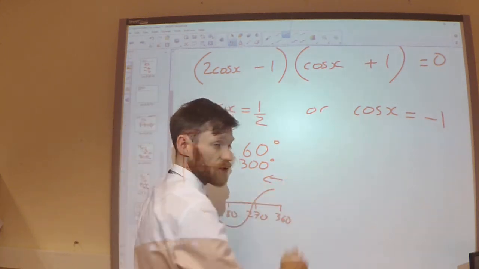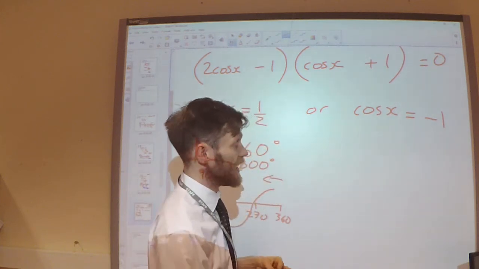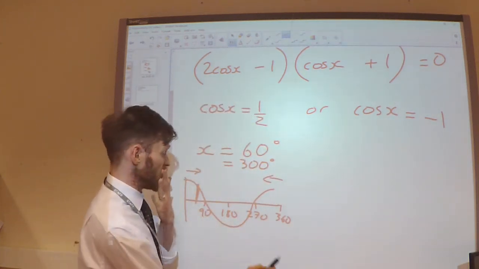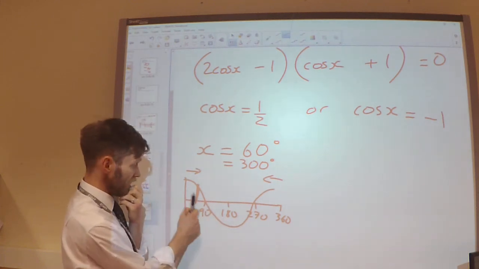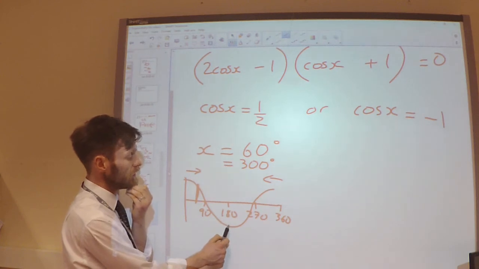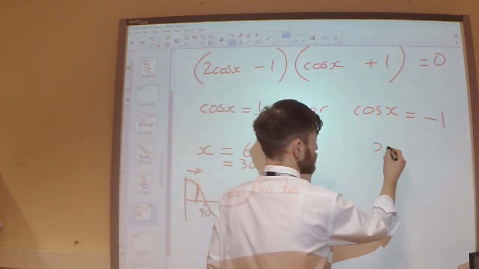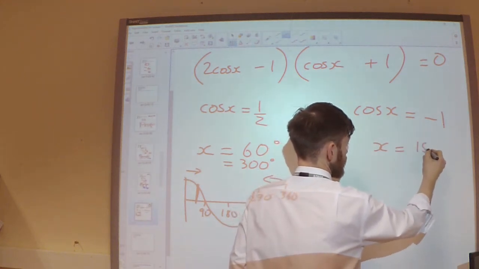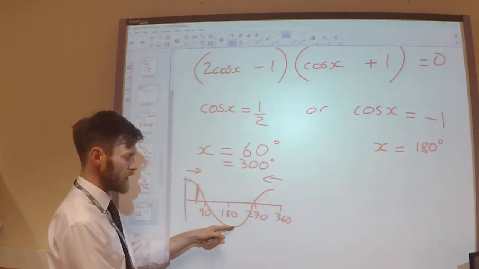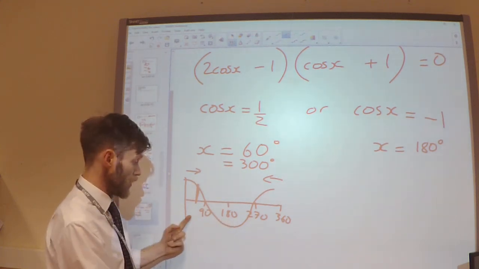I've also got some solutions over here as well. So cos x is equal to minus 1. Well, actually, I've already got the cos graph here, and I can see that when x is 180, the graph is minus 1. So x is equal to 180, and actually, that's the only time when cos is equal to minus 1.